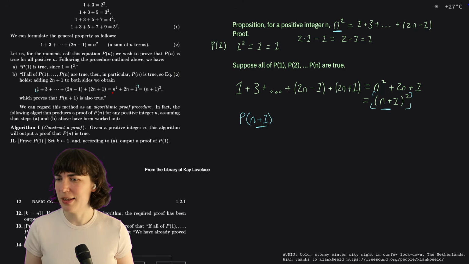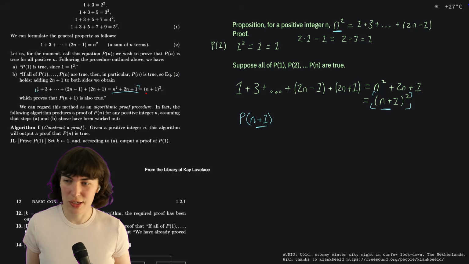No, wait, he's taken the equation, he's added 2n plus 1 to both sides, which gets this property here. He's reduced this side. Maybe the other side can be reduced to it as well.